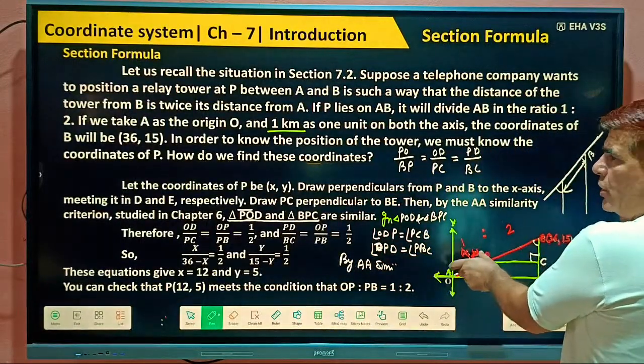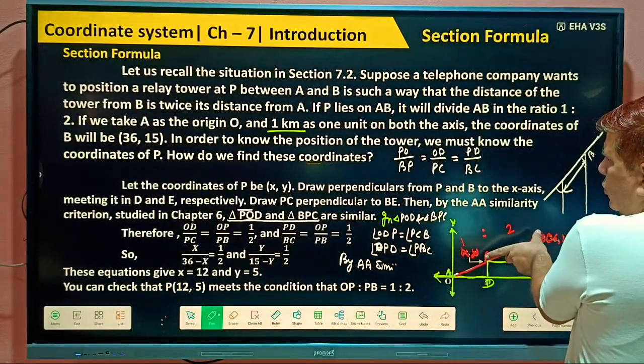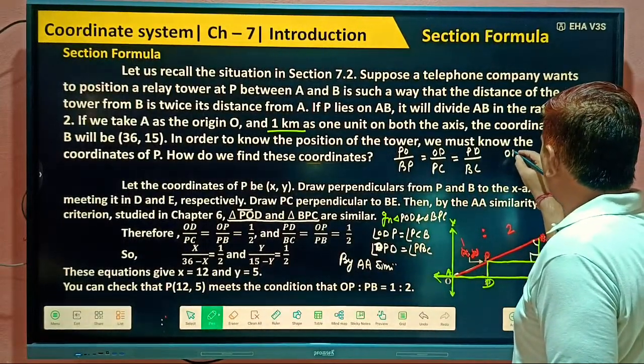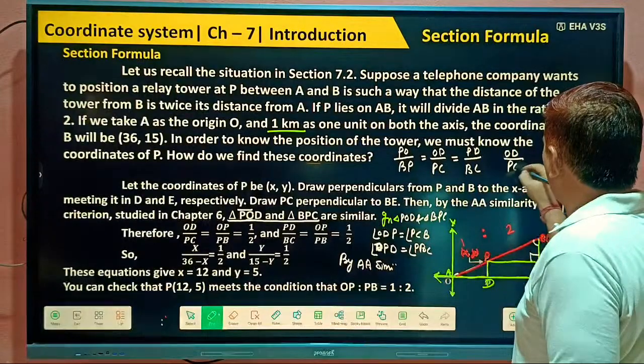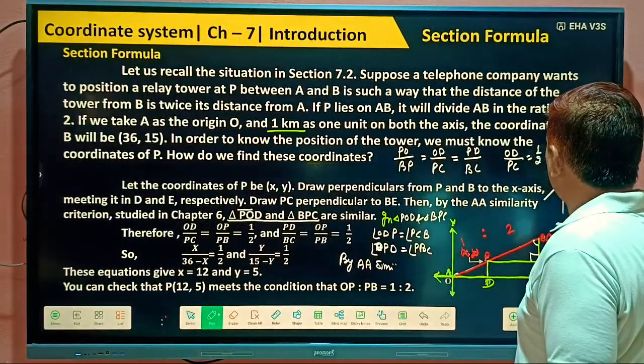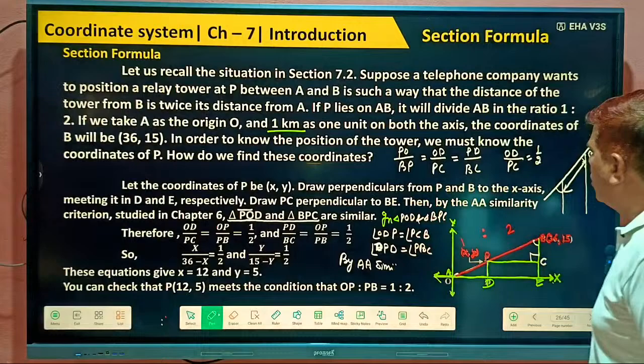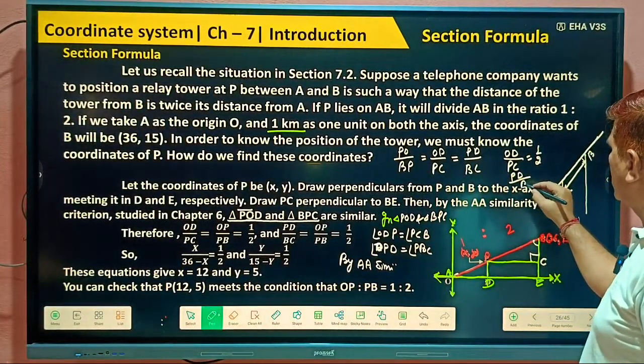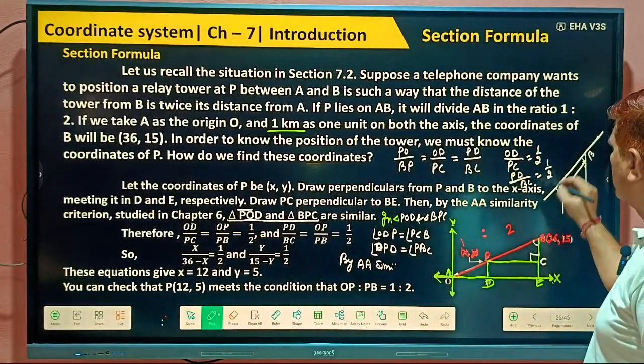PO is 1 unit, then this is 2 units. So what we can say is OD by PC equals 1 by 2, or PD by BC, this is also 1 by 2.